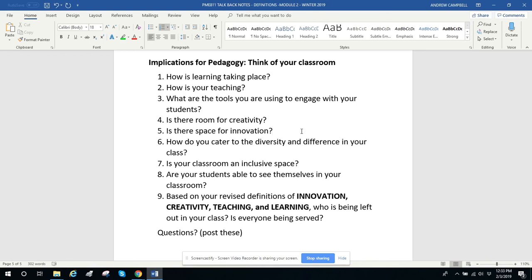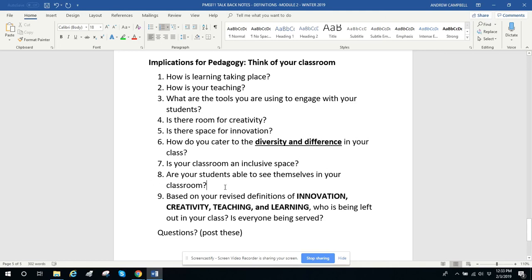that adaptability, how do you cater to the diversity and difference in your classroom? Are you even giving that consideration? Is your classroom an inclusive space? And I'm talking about your practice, your pedagogy, your learning. Are your students able to see themselves in your classroom?